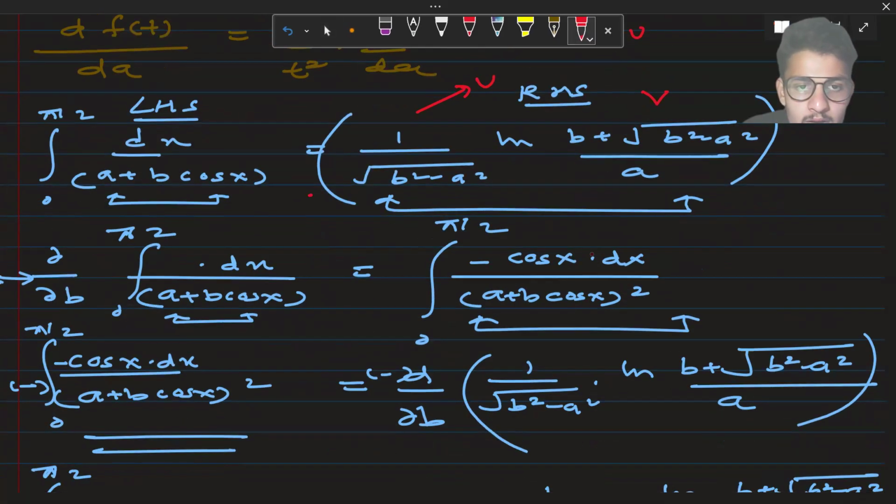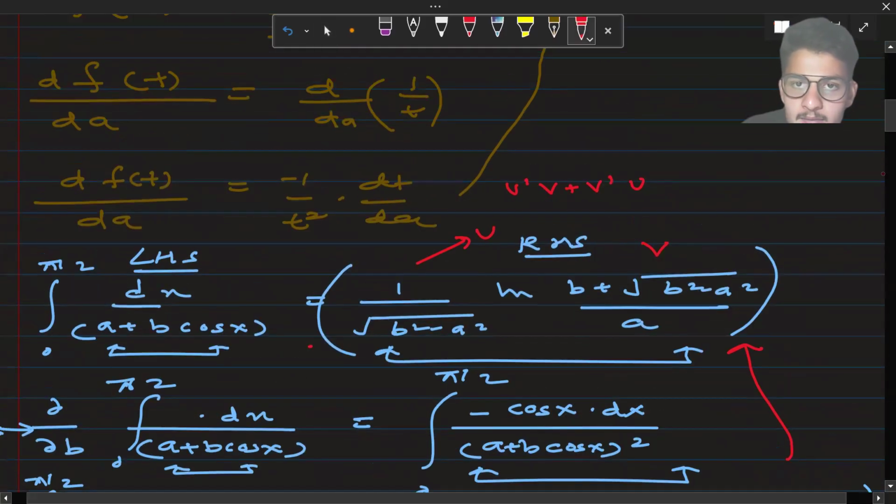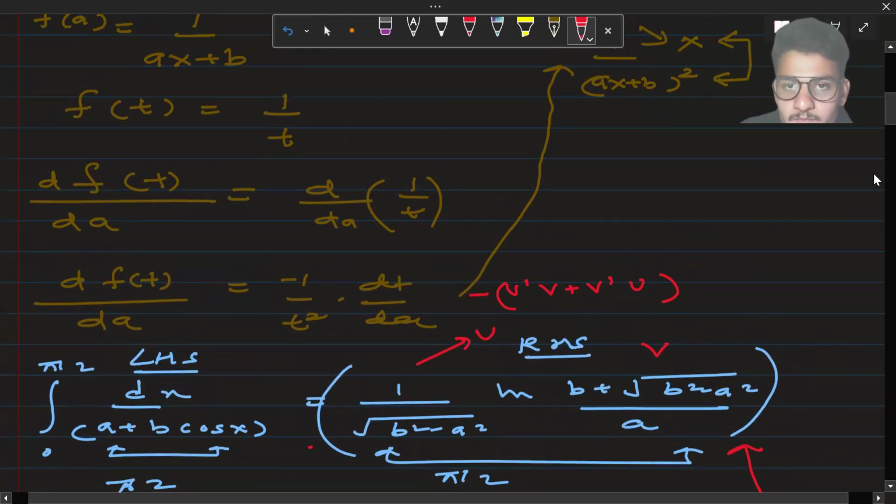Here we got minus cos x dx equals this value, the uv differentiation. But we do not need the minus cos x, so minus is multiplied on the LHS as well as the RHS. So our answer will become minus of u dash v plus v dash u.